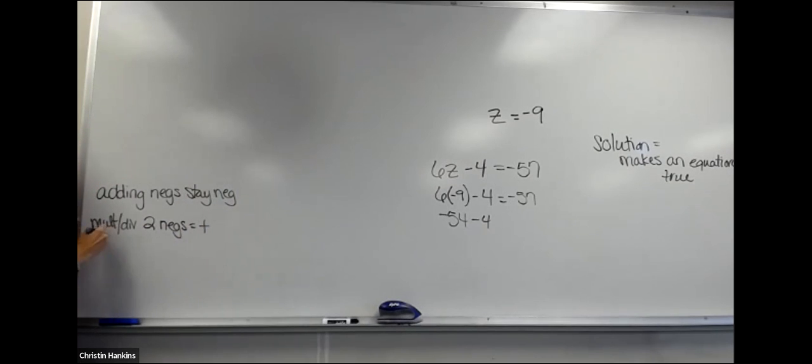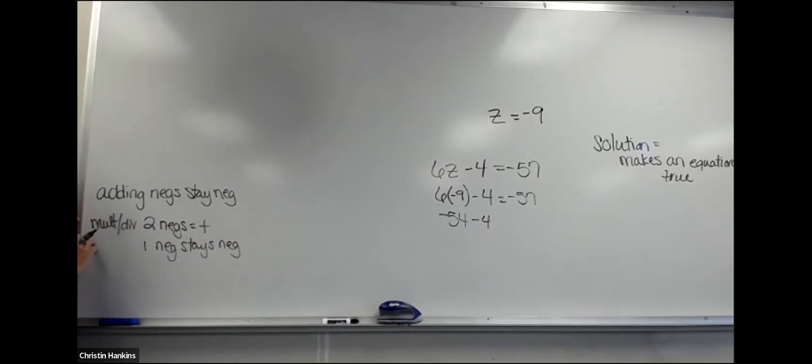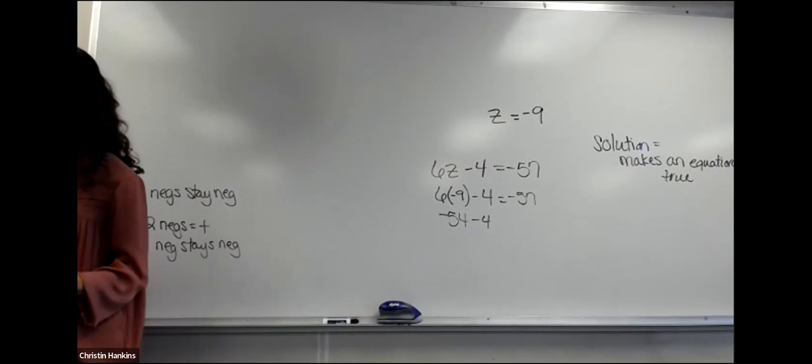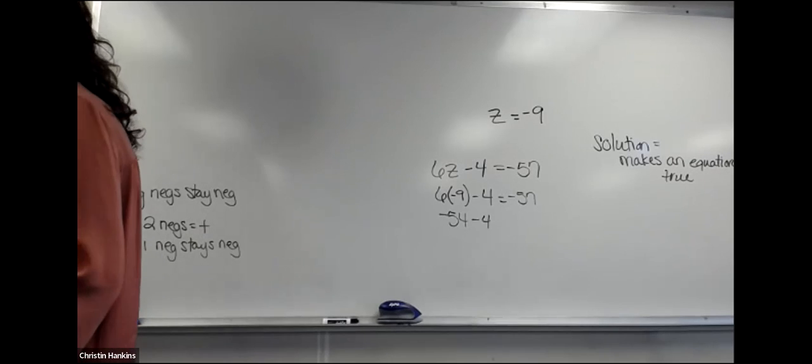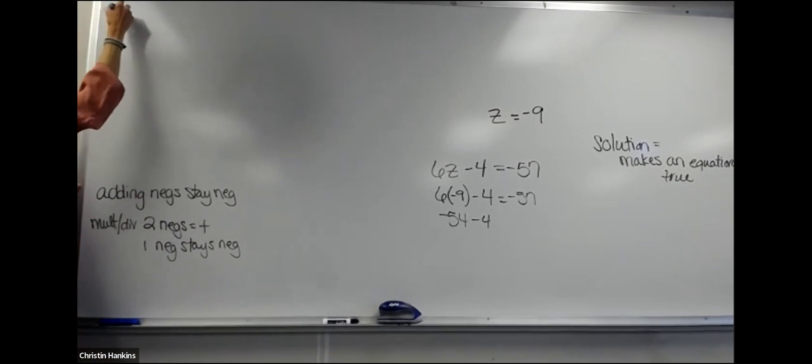So I went back over the sign rules. I'll do that. And so then multiply, divide, 1 negative stays negative. It's going to be a blur, especially since I teach the one class over and over again. And then so sign rules, I'm going to write those up.